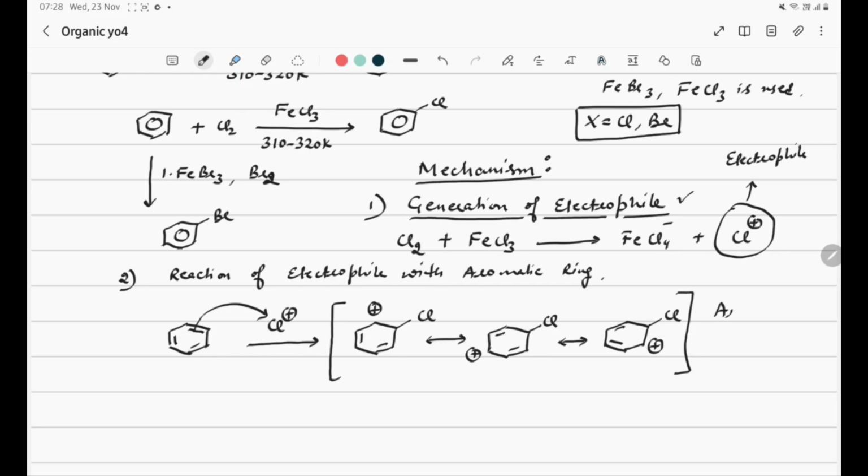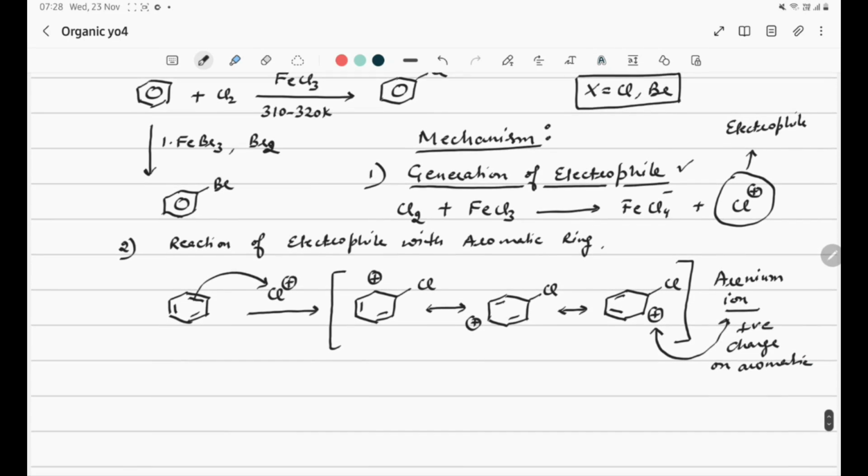It is also called the aryl ion. Why is it called the aryl ion? Because the positive charge is present on the aromatic ring. That is why this is called the aryl ion.